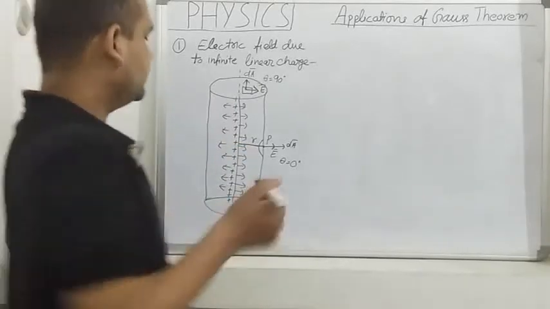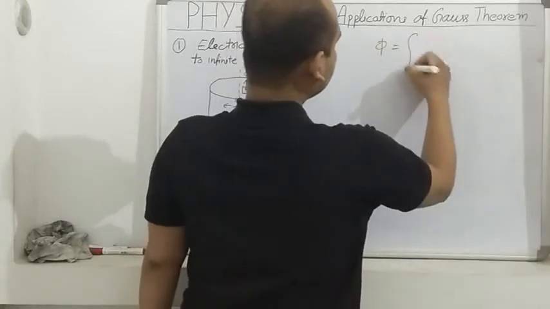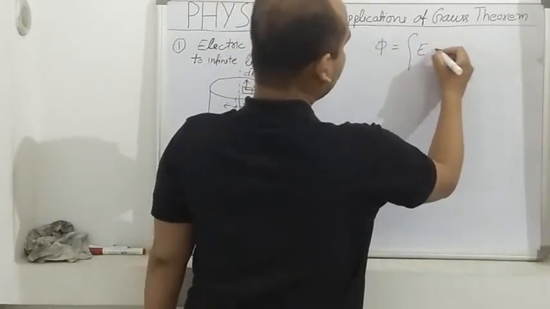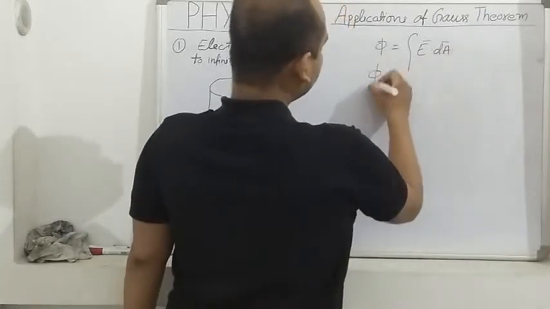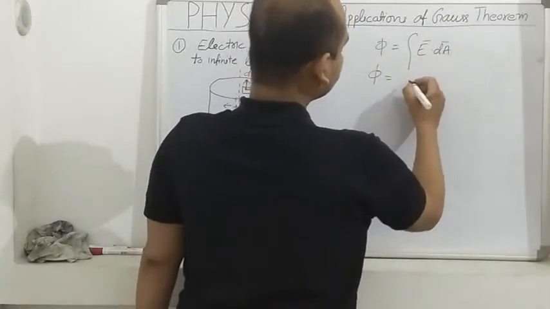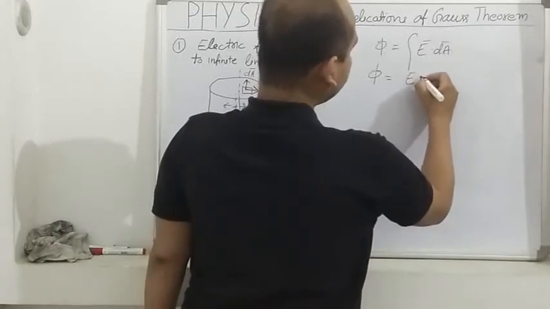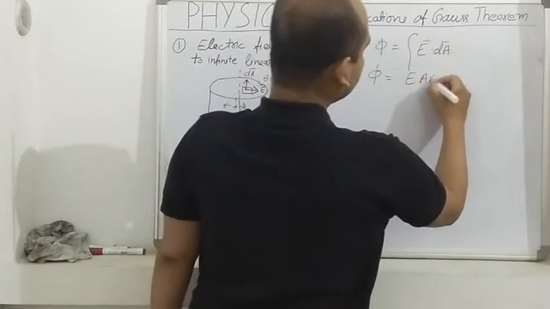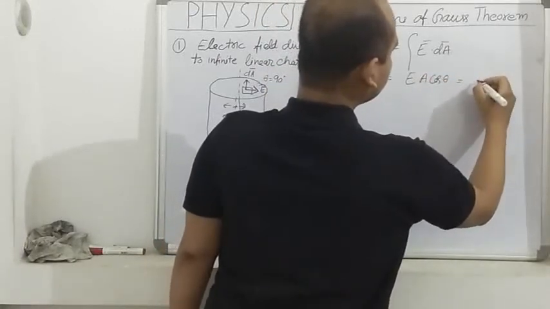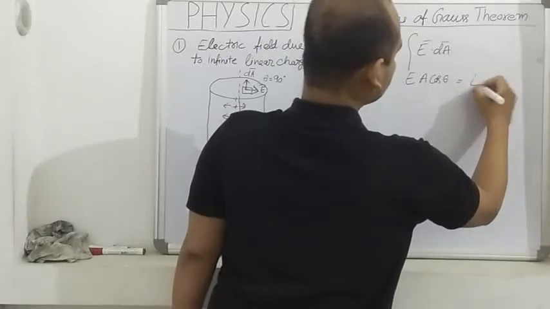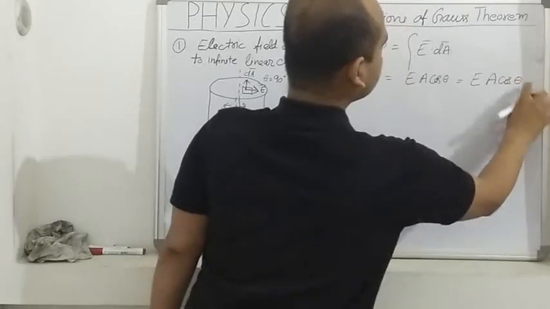So we can say that the electric flux phi will be equal to integral E dot dA. Phi will be equal to E A cos theta, which will be equal to E A cos 0.